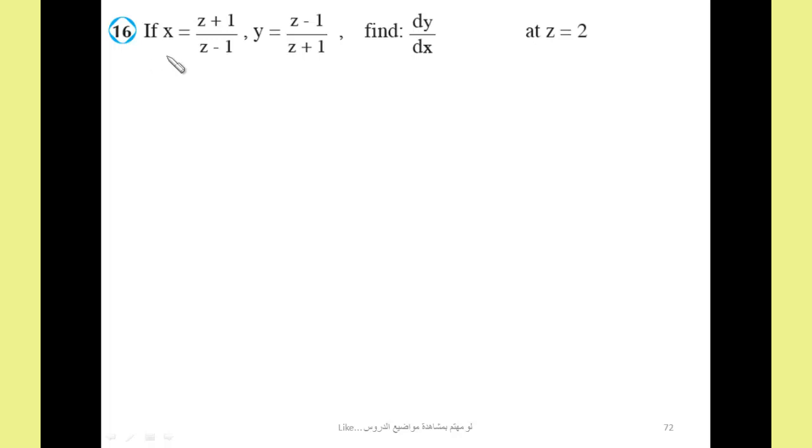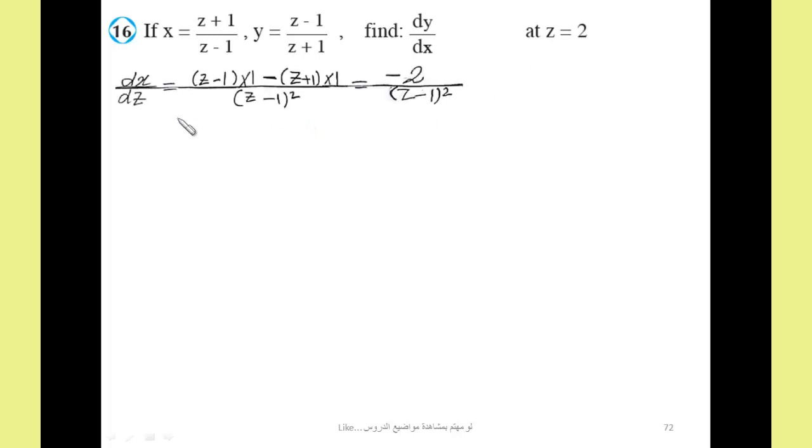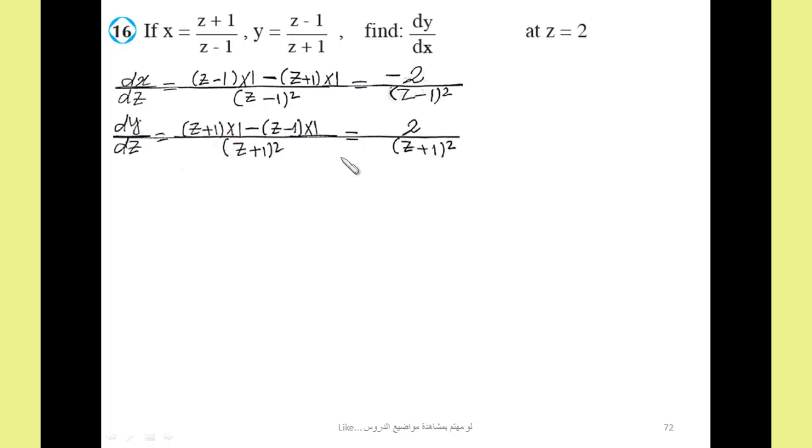Number 16. If x equals (z + 1)/(z - 1) and y equals (z - 1)/(z + 1), find dy/dx at z equals 2. Again, we will find dx/dz equals -2/(z - 1)², which is the simplest form. And we find dy/dz equals 2/(z + 1)².